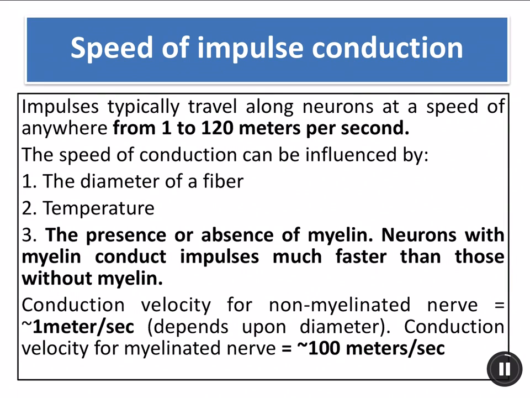function. The speed of the impulse is also affected by other factors, such as the diameter of the fiber and the temperature. For example, the velocity of a non-myelinated nerve is 1 meter per second, but in a myelinated nerve it is 100 meters per second.